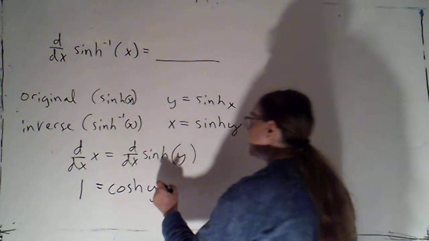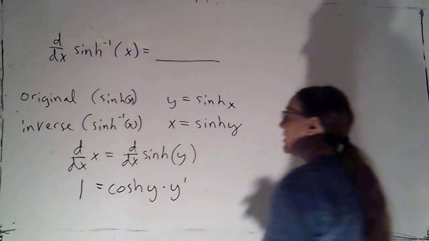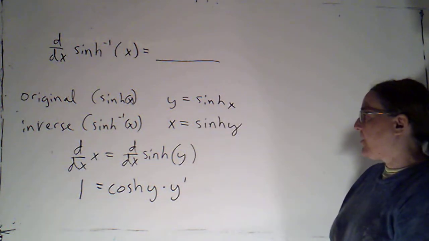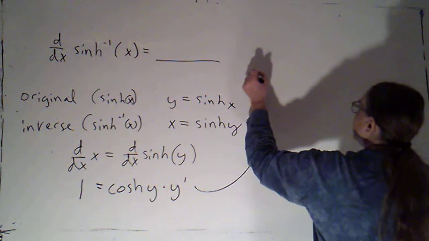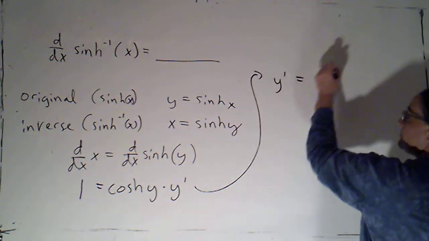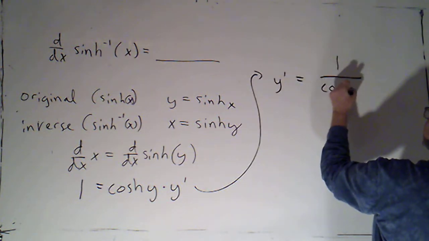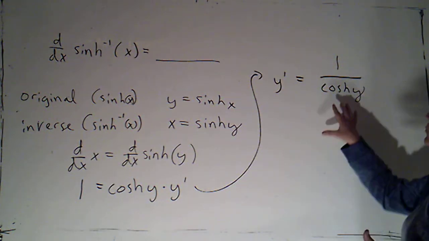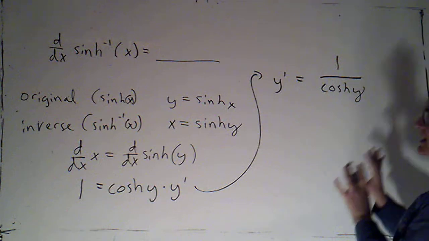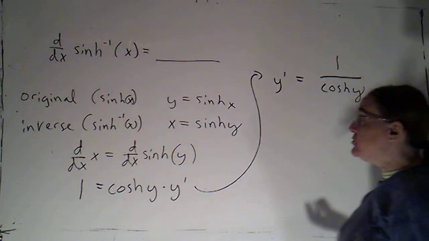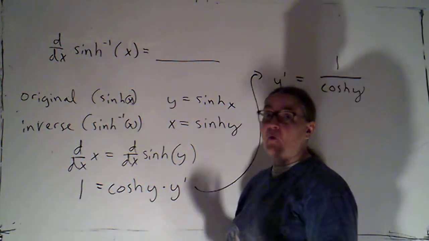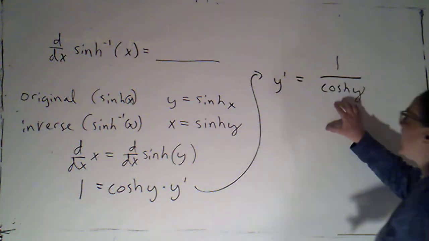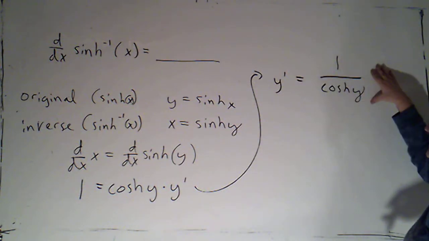And then we have to multiply by the derivative of the inside part, which is just y prime. So then we solve for y prime, and we get that it's 1 over cosh of y. And just like with the regular trig, because we actually do know exactly what y is in terms of x, we ought to be able to explicitly write this in terms of x.